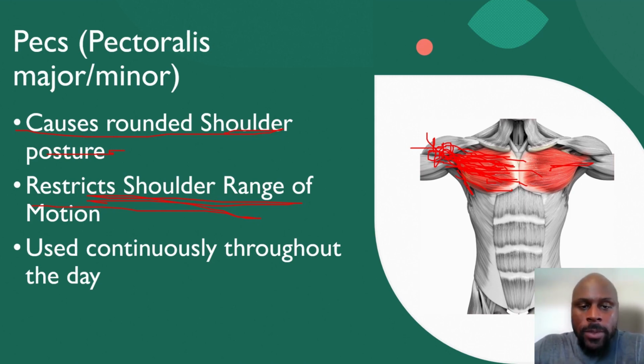And again, same as the subscap, 100% of you have tightness or tension in your pecs if you do have shoulder problems. If you have any shoulder problems, I promise you this muscle is overactive. I wouldn't say it's worse, but it's significantly more important to pay attention to it if you are a woman, just because of your breast tissue.